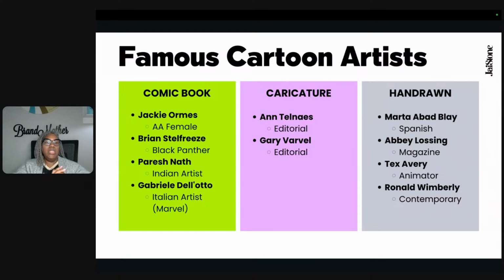Okay. Brian Stelfreeze is the guy that kind of illustrated the early Black Panther comics. Parish Nath is an Indian artist that is well regarded, and Gabrielle Dell'Otto, she's an Italian artist, and she currently works for Marvel. Now, Brian is a living artist, and so is Gabrielle.